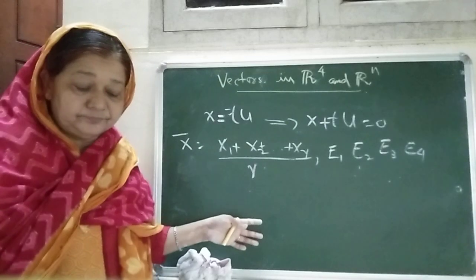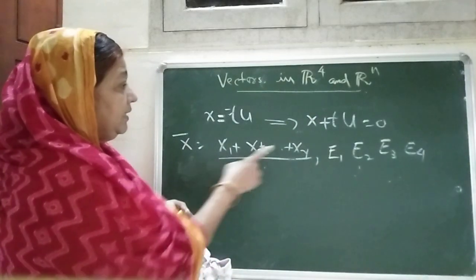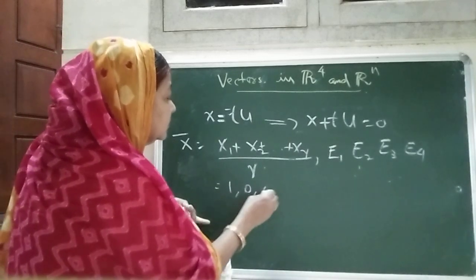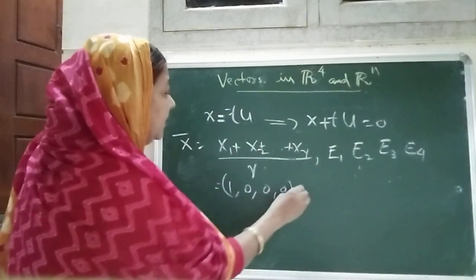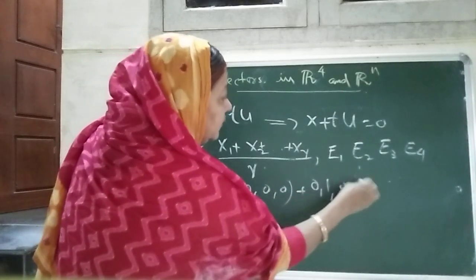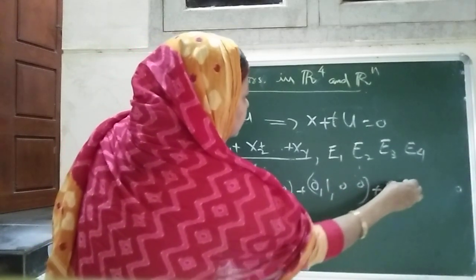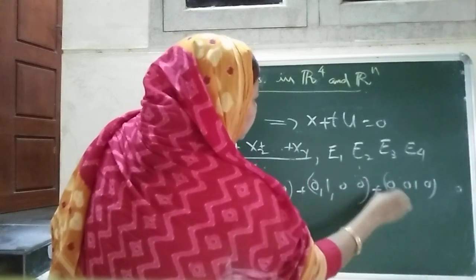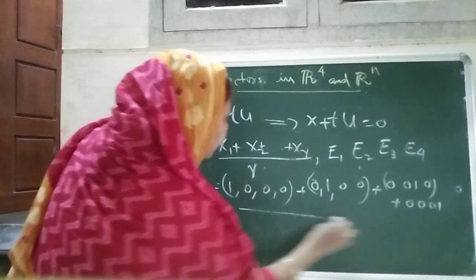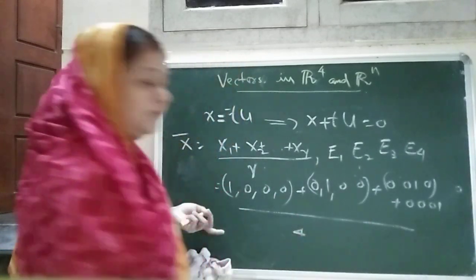Then we know, e1 equal to 1 0 0 0 plus e2 equal to 0 1 0 0 plus 0 0 1 0 plus 0 0 0 1, divided by, there are 4 vectors, by 4.